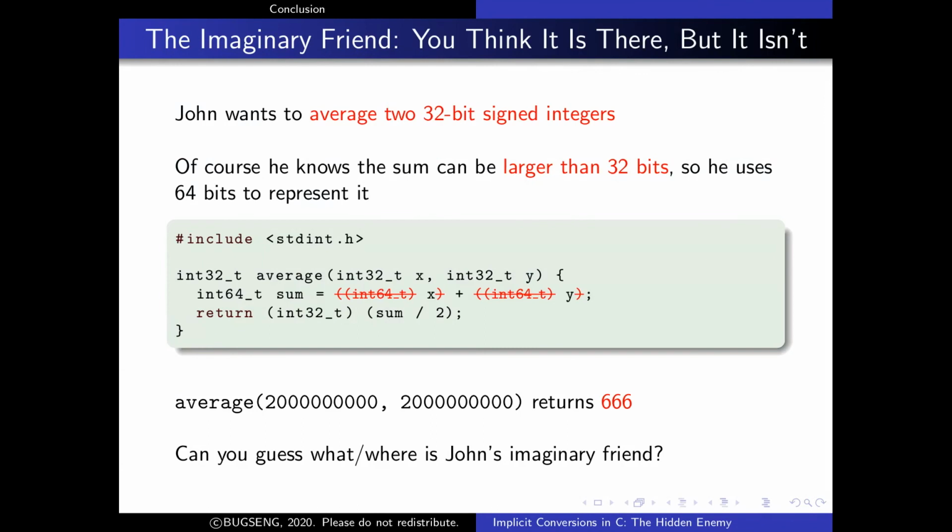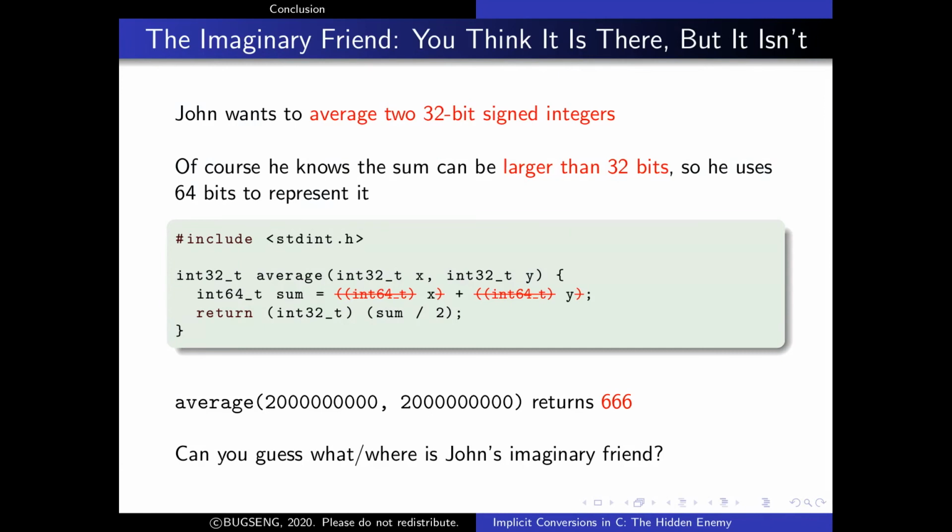John made the assumption that since the destination type for the addition was 64-bit, the language would insert an implicit conversion of x and y to 64 bits, so that the addition could take place in 64 bits.